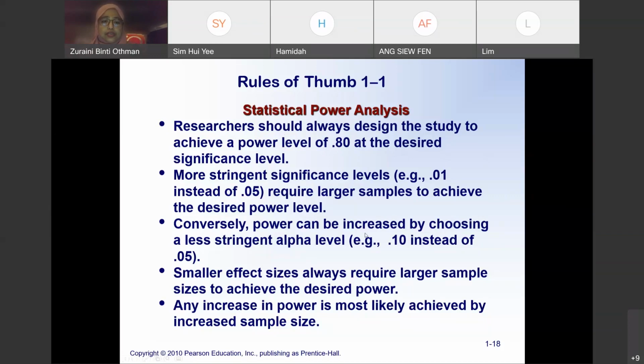Conversely, power can be increased by choosing a less stringent alpha level, for example 0.1 instead of 0.05. Smaller effect sizes always require larger sample sizes to achieve the desired power, and any increase in power is most likely achieved by increasing sample size. Okay, this is the rule of thumb of power and statistical analysis.